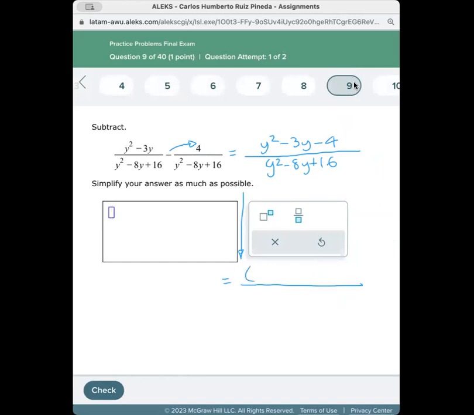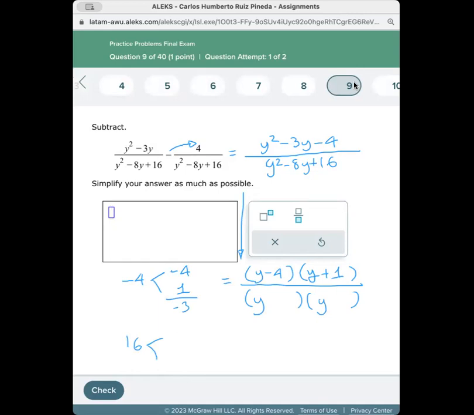In the numerator, we have to think of two numbers that multiplied give you -4 and add up to -3. These are easy because -4 and 1 work. -4 plus 1 is -3, there you go. In the denominator, we need two numbers that multiplied give you 16 and add up to -8.